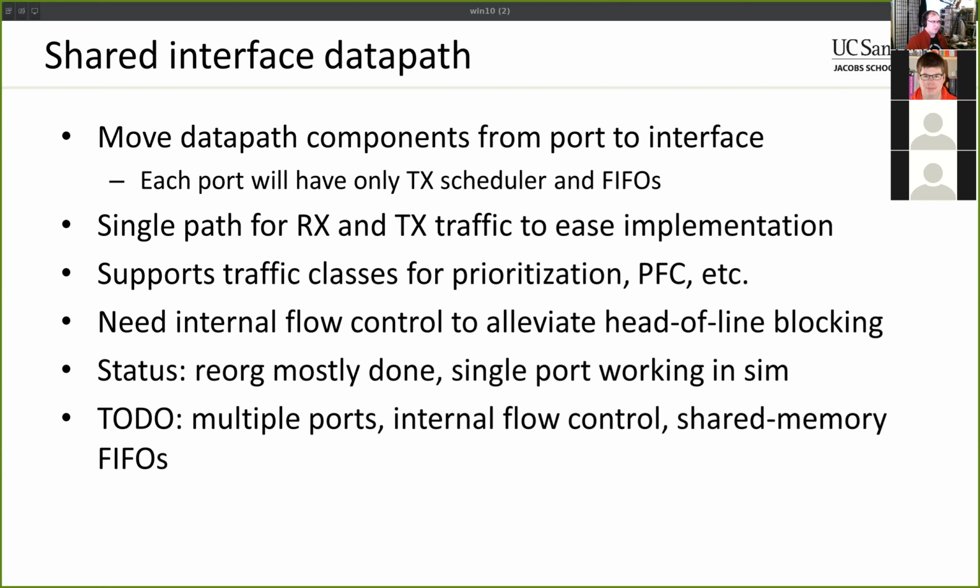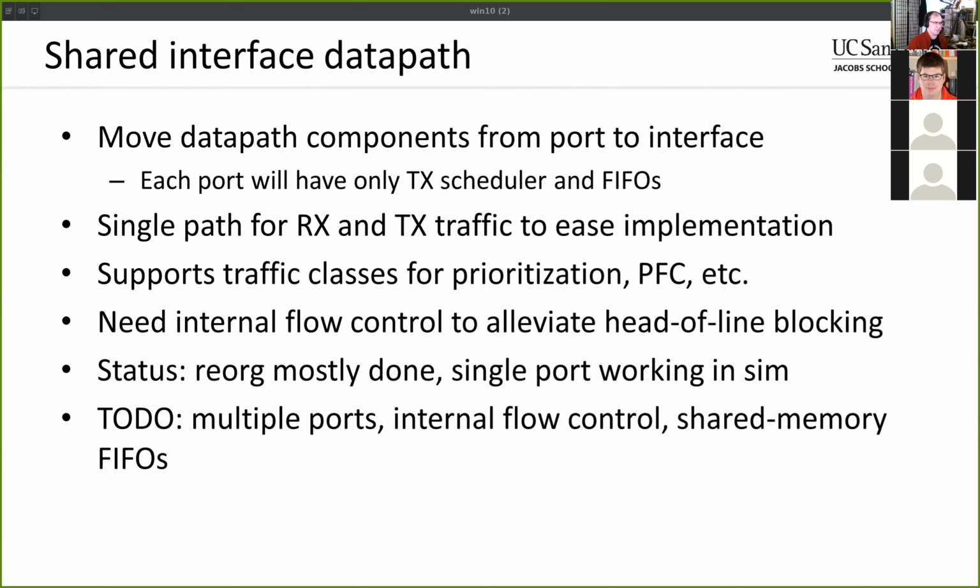This also supports things like traffic class for prioritization, priority flow control, etc. Well, eventually it'll support that. I need to do some more work in the FIFOs, but that long-term goal is to make that work.